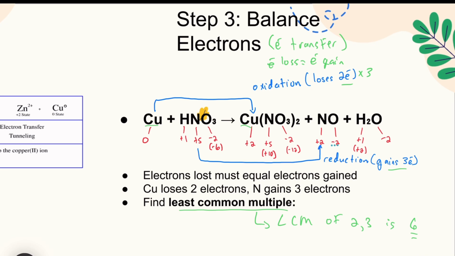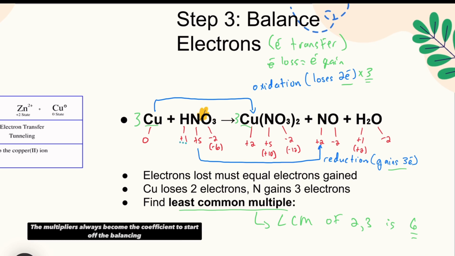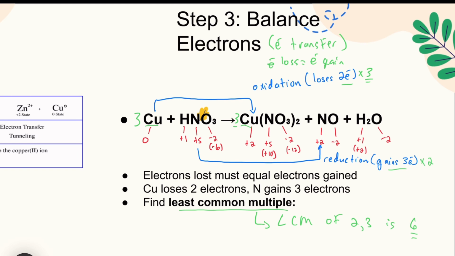We take that multiplier and put it as a coefficient in front of the coppers. For the nitrogen, which gains 3 electrons, in order to get it to equal 6, we're going to multiply it by 2. That multiplier goes in front of the nitrogens, specifically where there's an electron transfer or an oxidation number change.